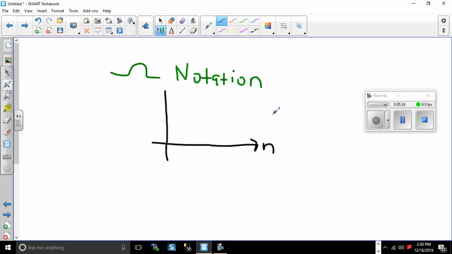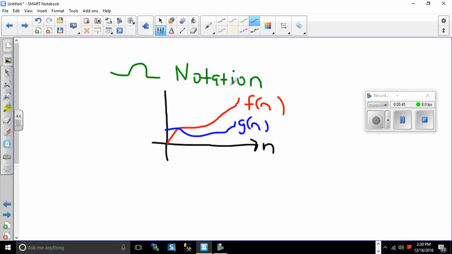All right. So again, let me graph a particular function. This time I'll call it f of n. And overlaid on this graph, I'll have another graph which I will call g of n.